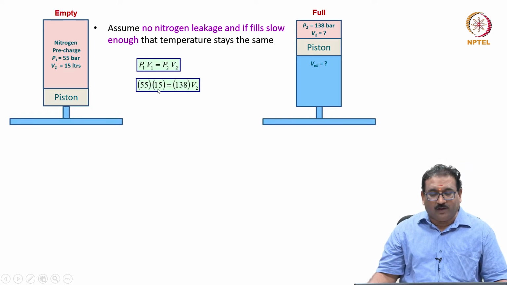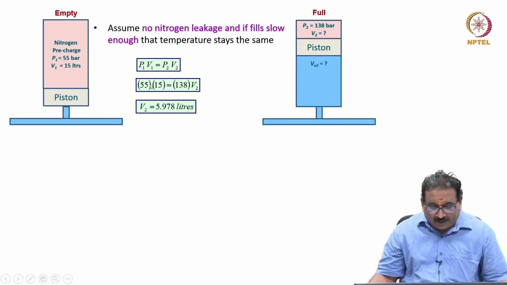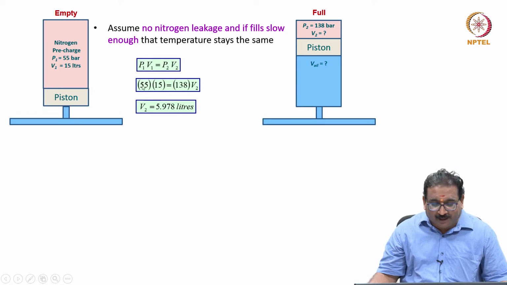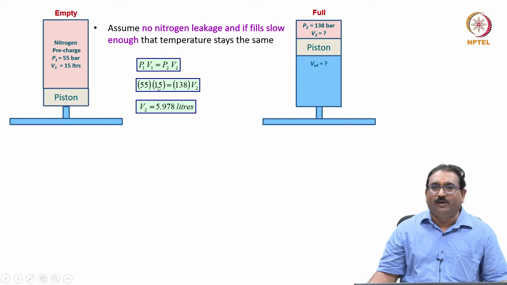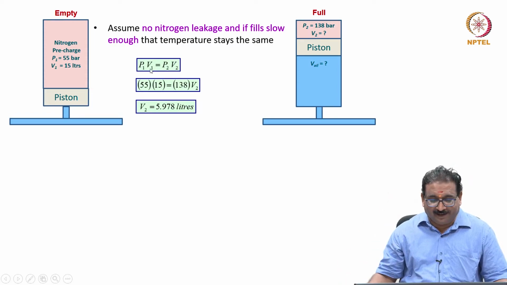Then substitute all the given values. V2 is unknown. You will calculate V2 equal to 5.978 liters. You don't bother here, friends. Directly I am putting 55 bar, 138 bar, and liters. No need to worry here because in this equation units will match. Then V2 equal to 5.978. If I know 5.978, here I know V1, 15 liters.